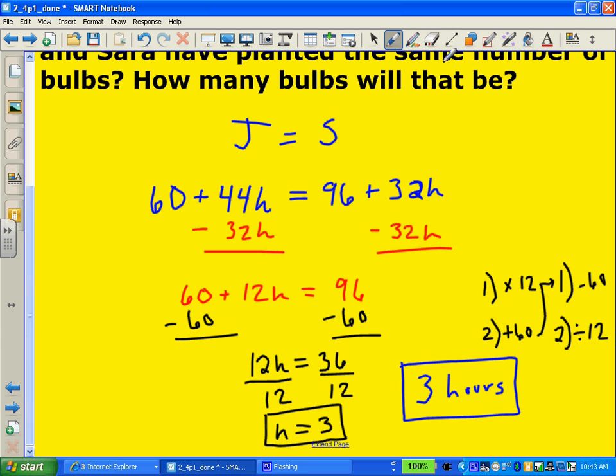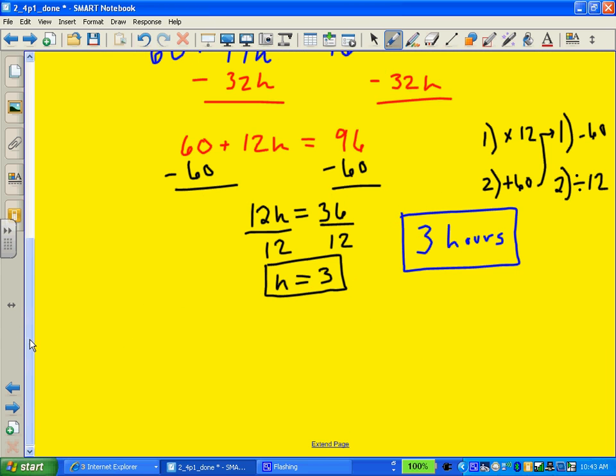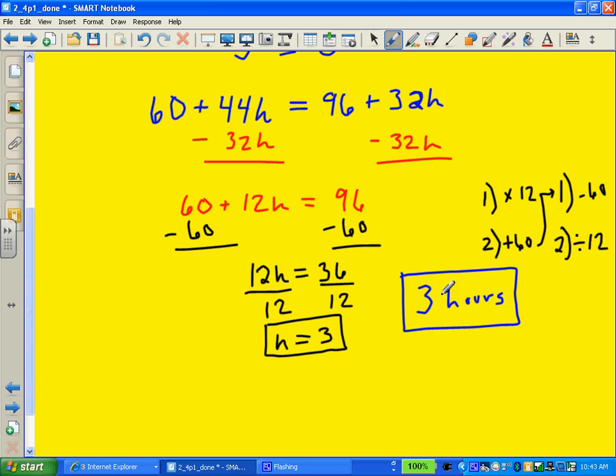Okay, now if you'll notice, there's another question here. It says, how many bulbs will that be? Well, in order to figure that out, we have to take our answer of 3 and plug it into either John's equation or Sarah's equation. It doesn't matter which one because they're equal. So let's choose John's. 60 plus 44 times 3.